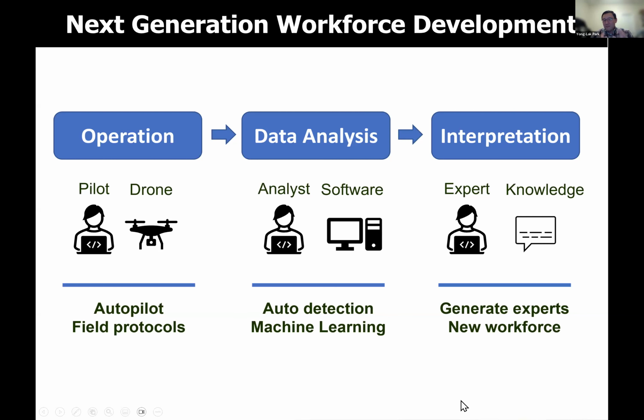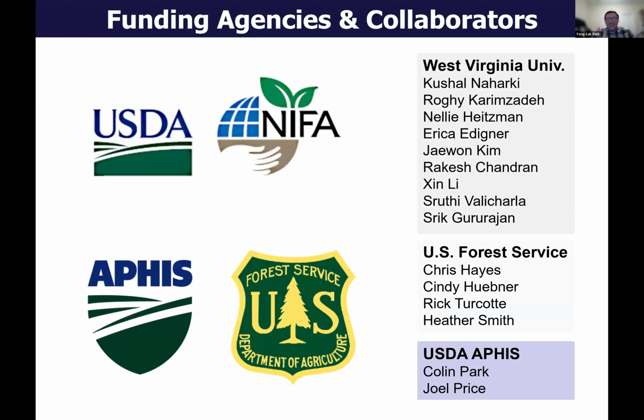But we should focus on the last part. Our students don't have to generate AIs. We already have people who can do it, but we have to educate our students to use it for future agriculture. Fortunately, I have a lot of funding agencies and a lot of collaborators in the US. Okay, thank you.